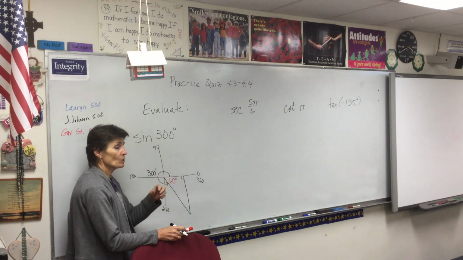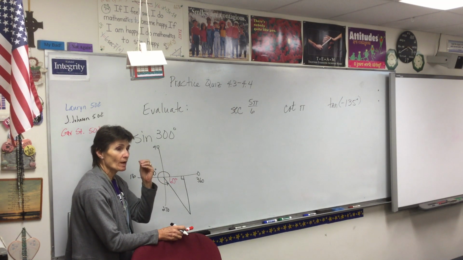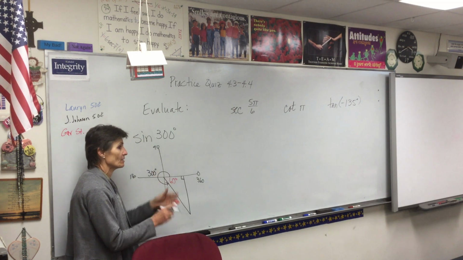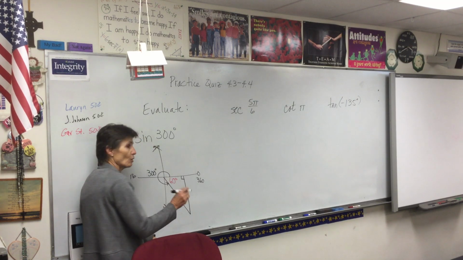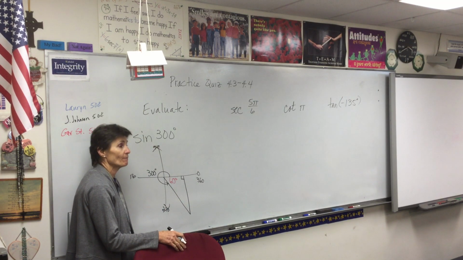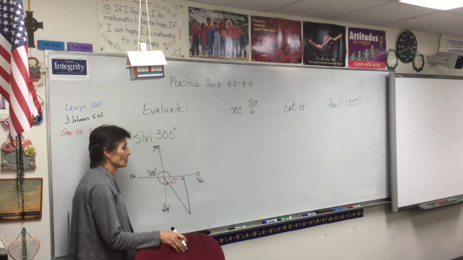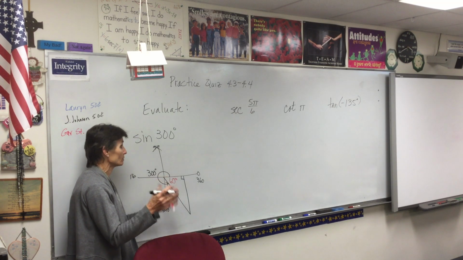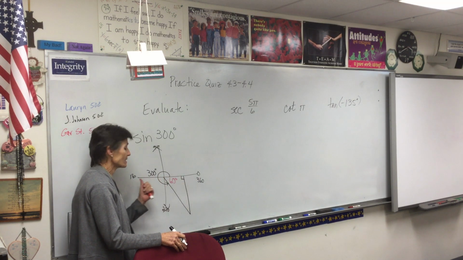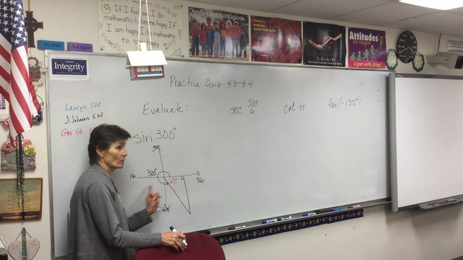That subtraction will never, ever, ever involve 270 or 90. You are not going to use those in your calculations, ever. I don't want to see 300 minus 270. That's wrong. You need to use 360 or 180, depending on which side you're on.